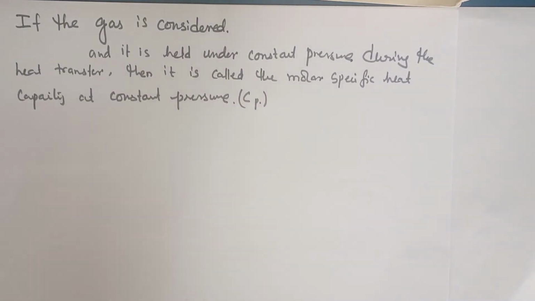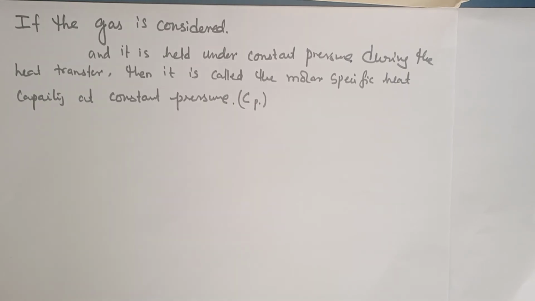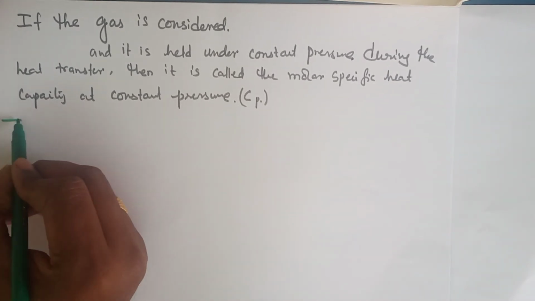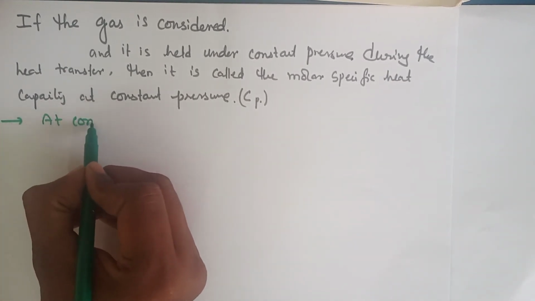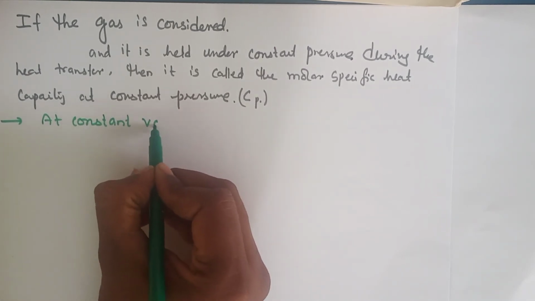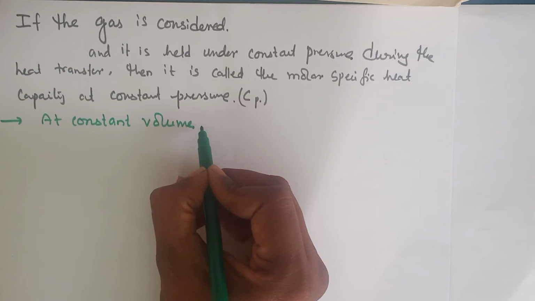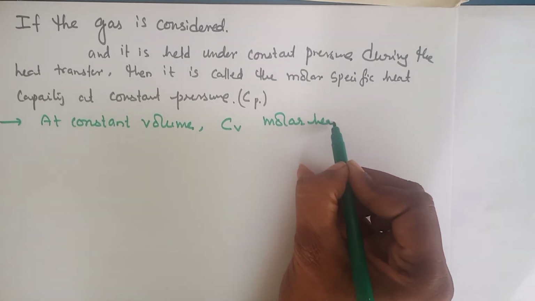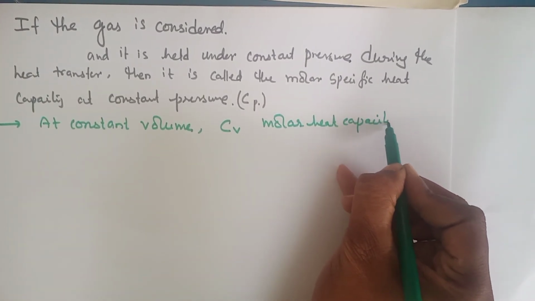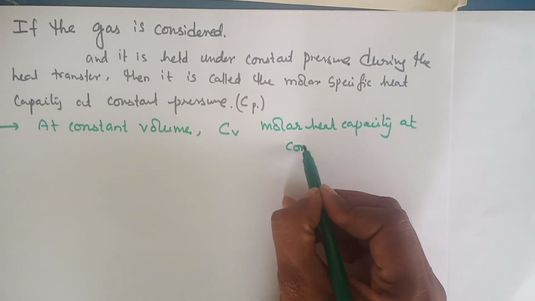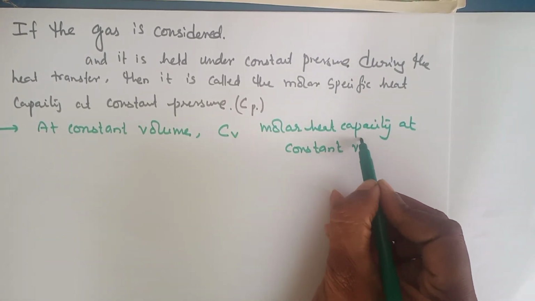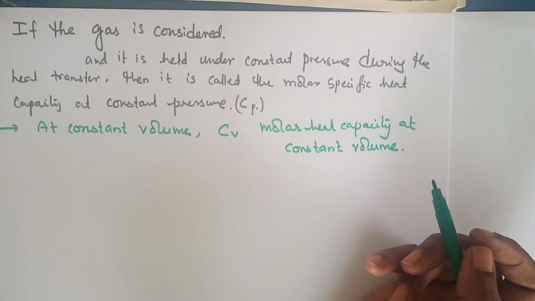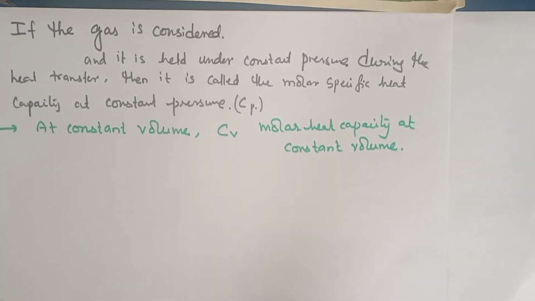On the other hand, if it is held under constant volume, then this is called Cv, the molar heat capacity at constant volume.